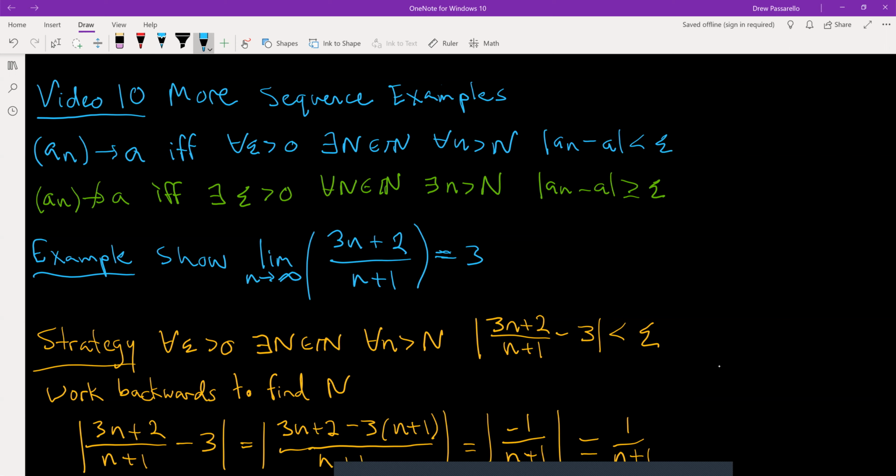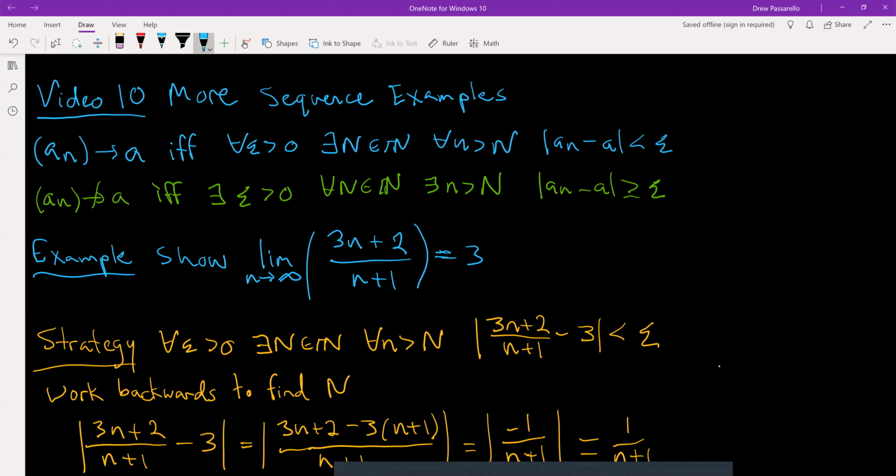A sequence a_n converges to A if and only if for all real numbers epsilon bigger than 0, there exists a capital N natural number such that for all little n bigger than this capital N, the absolute value of a_n minus A is less than epsilon.